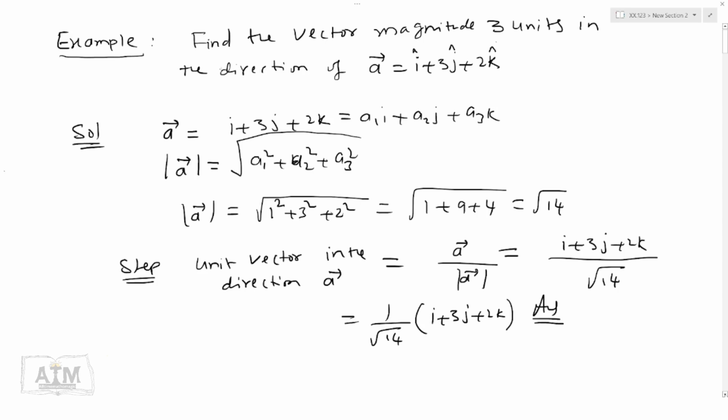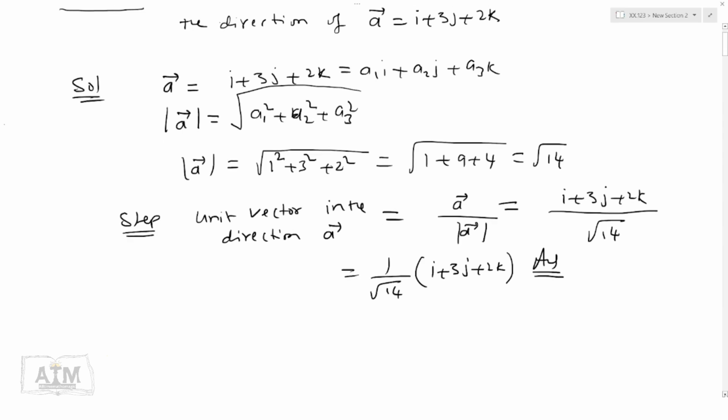Suppose the same question is asked like this: find the vector of magnitude 3 units in the direction of vector A equals i plus 3j plus 2k. First we find the unit vector, and what did we get? The unit vector is 1 upon the square root of 14 times i plus 3j plus 2k. This is the unit vector.